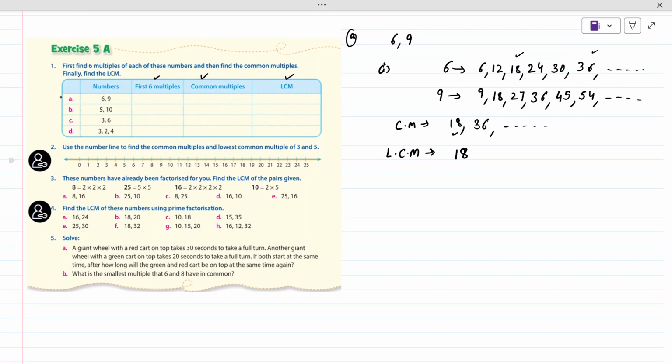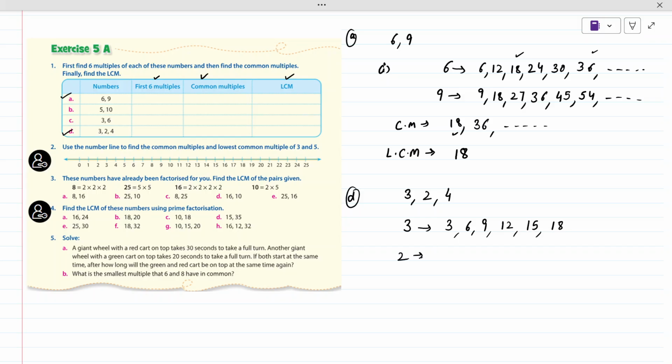Now let me pick another question for you. Let me pick the D part, 3, 2 and 4. What are the first 6 multiples of 3? That is 3, 6, 9, 12, 15 and 18.